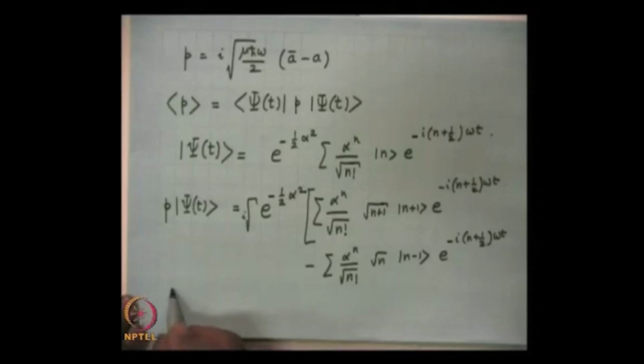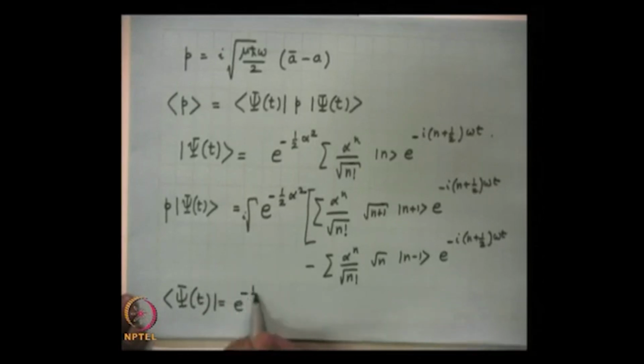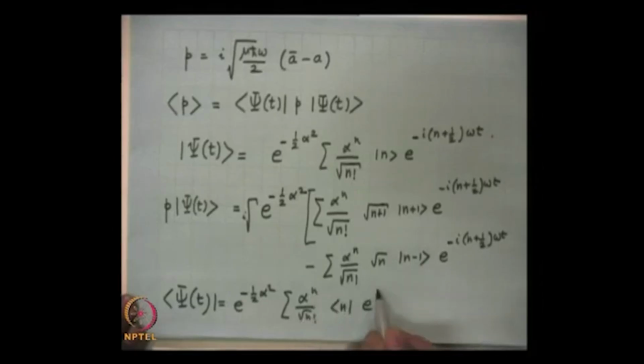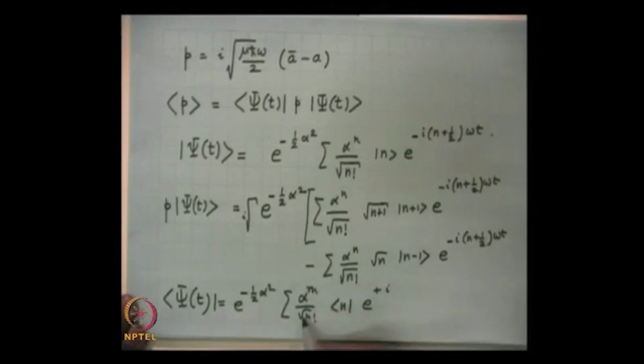Then you have to evaluate what is bra psi of t, and bra psi of t will be equal to e to the power of minus half alpha square alpha to the power of n square root of n factorial bra n e to the power of plus I, and then n has to be replaced by m, so that it does not get confused, m plus half omega t.